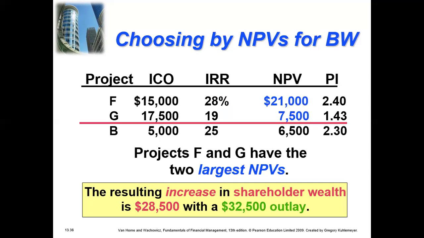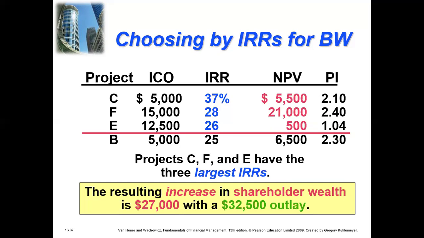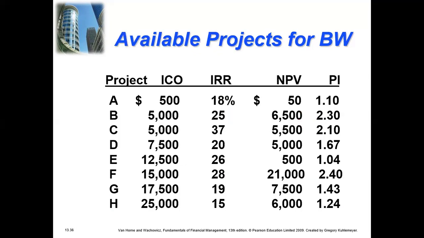Now we will decide on the basis of PI, that is profitability index. Now you can see the same screen and decide which projects are having maximum PI, maximum profitability index.